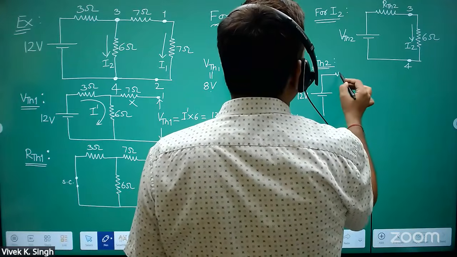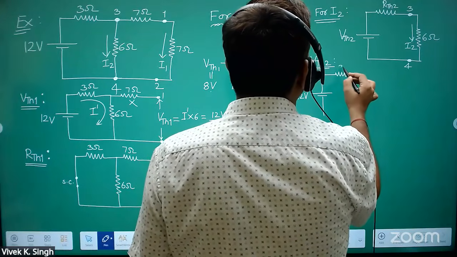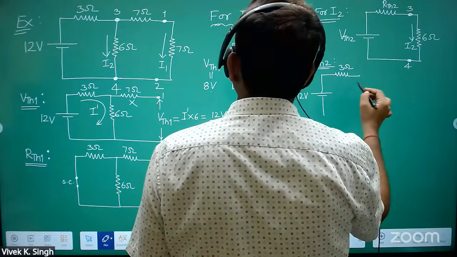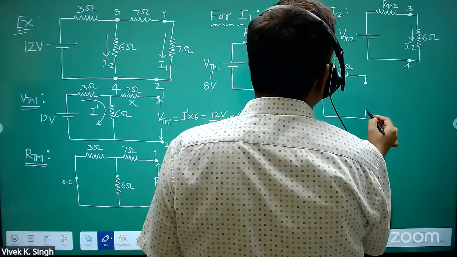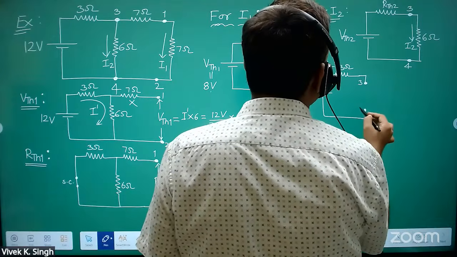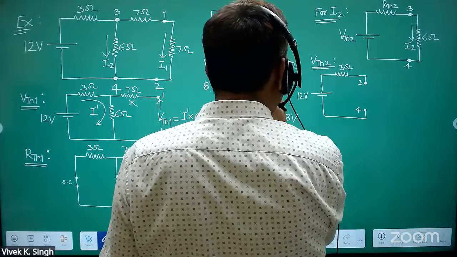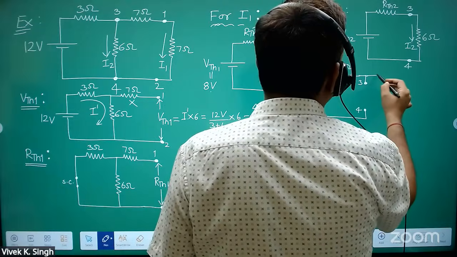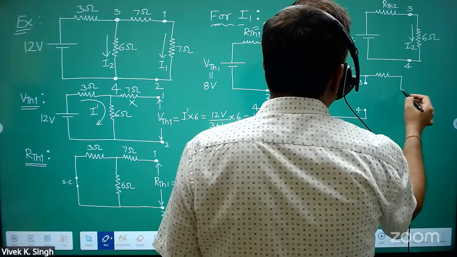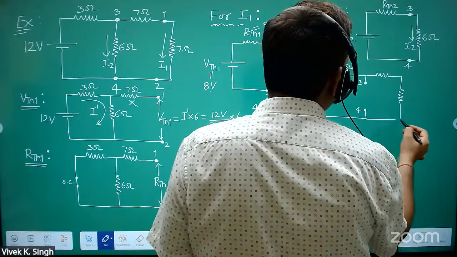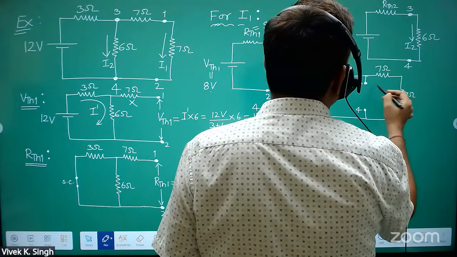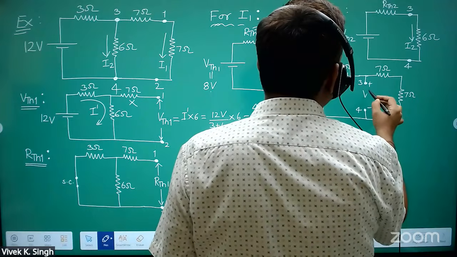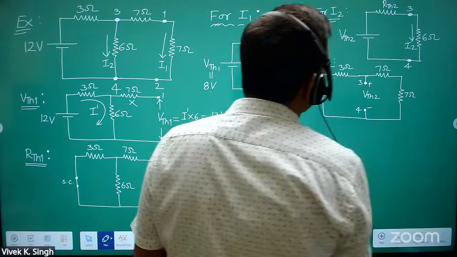Then this is 3 ohm. Now this will be open circuited. Now this 3 and 4 is the open circuit voltage. Seven ohm and 7 ohm. This is VTH2.